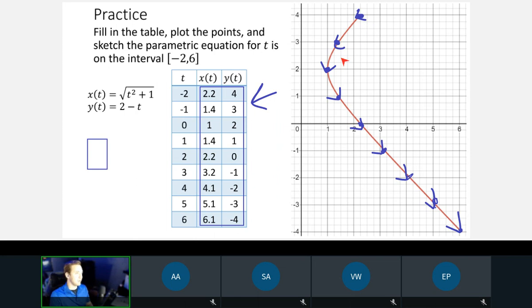If I didn't have these arrows showing you this is the path, we could guess, but we'd probably be wrong most of the time. We wouldn't know where the starting coordinate was. And because t values increase from smallest to biggest, this is the first point.